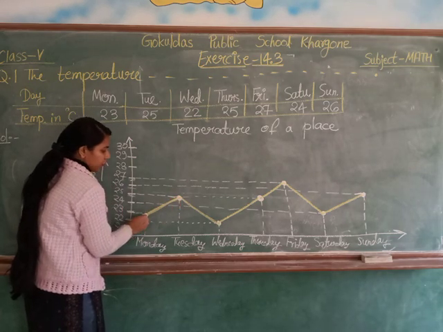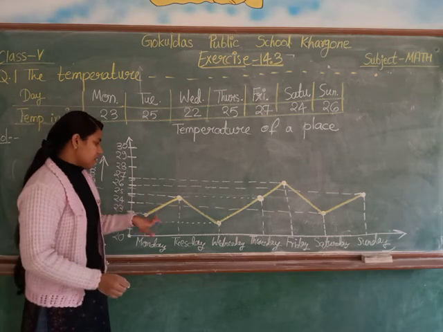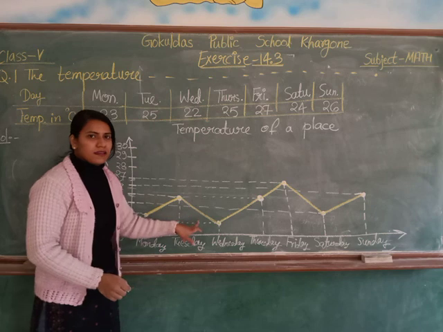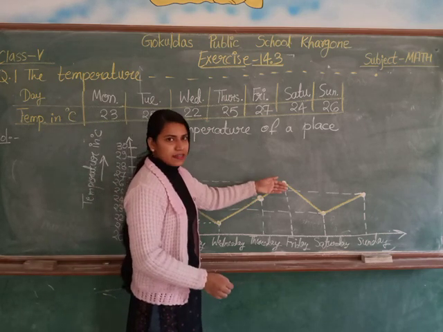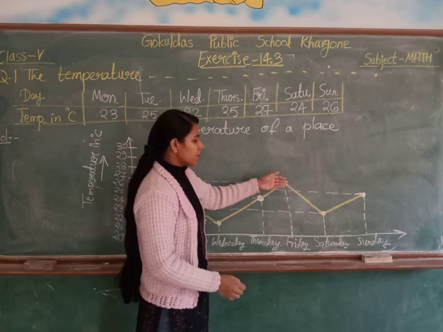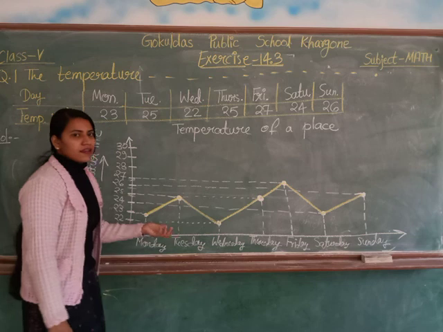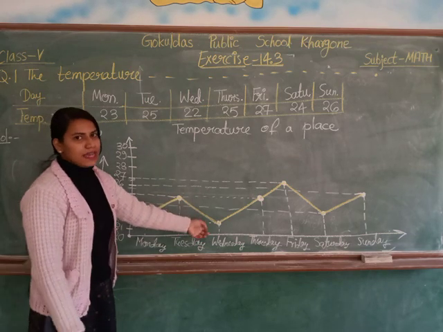Temperature is increasing from Monday to Tuesday, then it is decreasing, then next day it is increasing, and then further it is increasing on Friday, then on Saturday suddenly it decreases. So this graph is showing changes in temperature with respect to time.